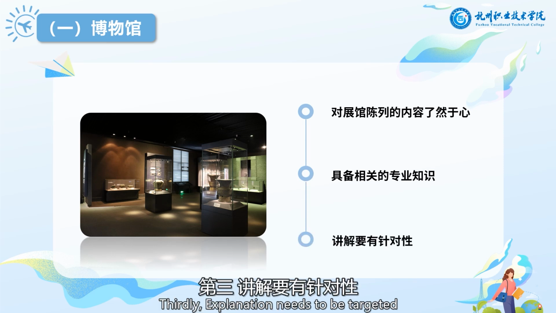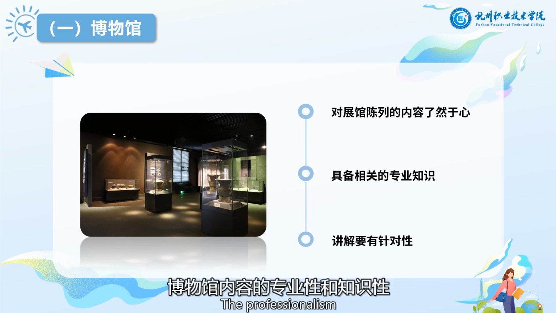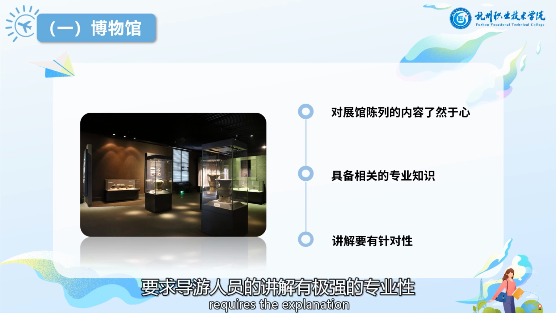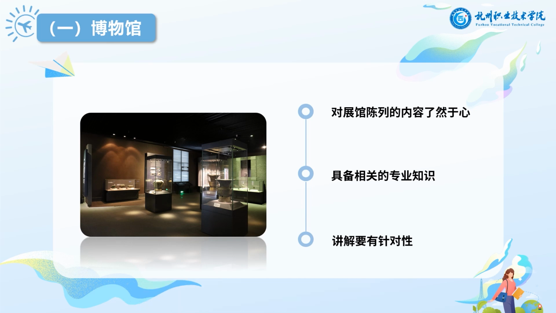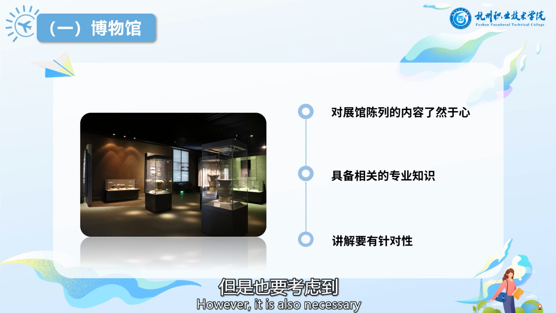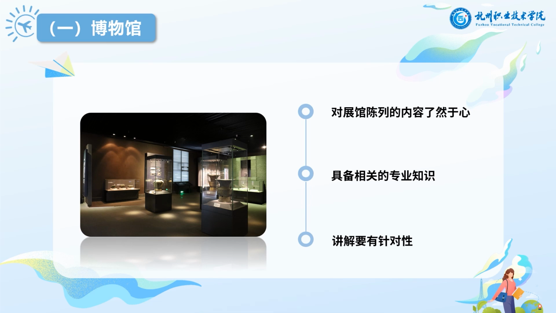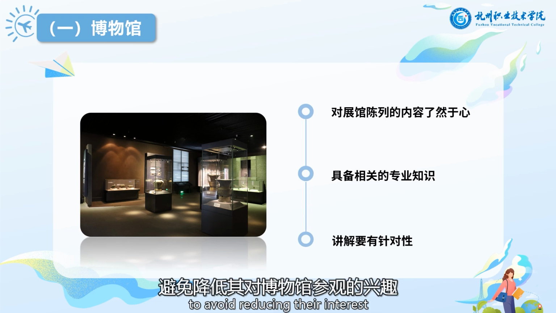Thirdly, explanation needs to be targeted. The professionalism and knowledge of the museum content requires the explanation of the tour guides to have extremely strong professionalism. However, it is also necessary to take into account the specific situation of the tourists to avoid reducing their interest in visiting the museum.